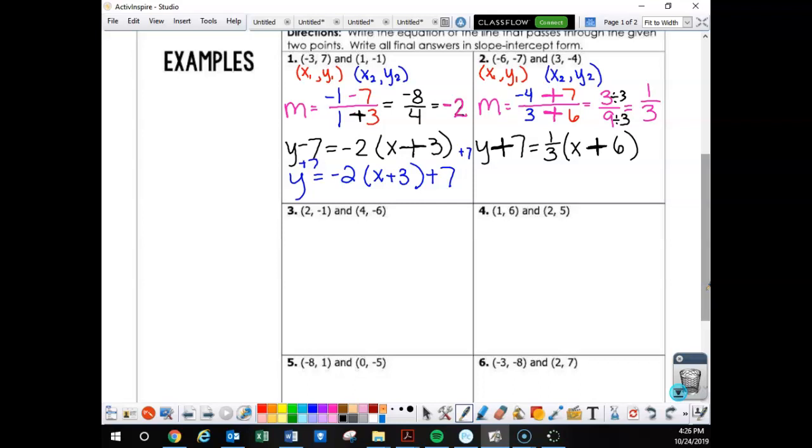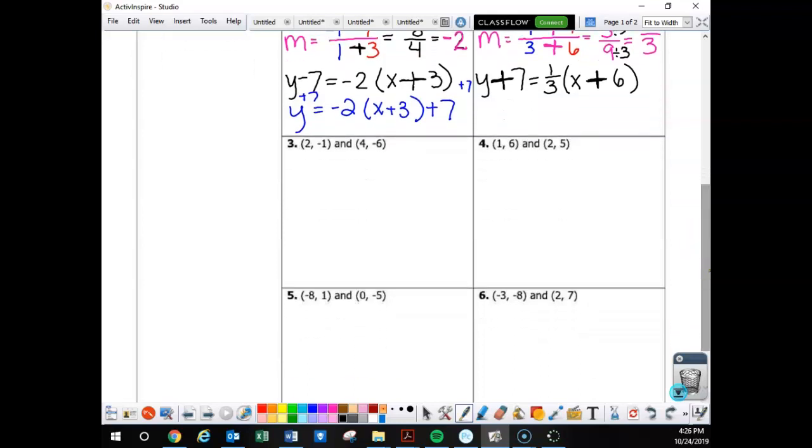I'm going to go through these really quick since you should have already done them. So this is x1, y1, and this is x2, y2. Plug them into my slope formula. So negative 6 over 4, I should do that in blue so you don't get confused.